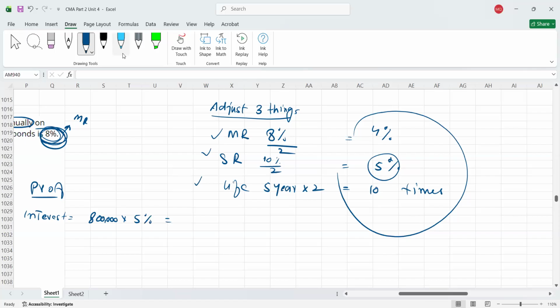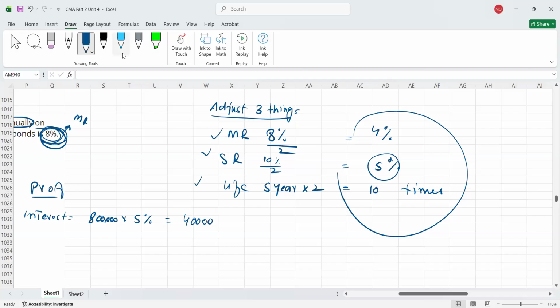You know the interest formula: face value times stated rate. So 800,000 times 5% is going to be 40,000.